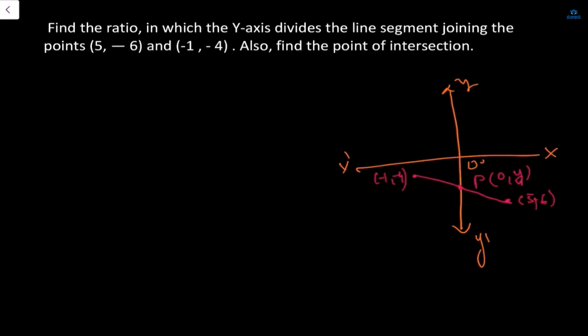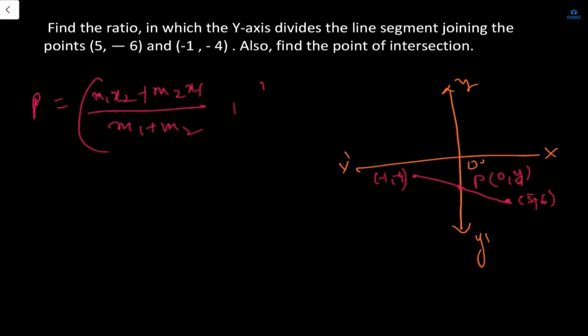So the coordinates of P, that is 0, y, will be equal to what? Through the section formula, we will apply the formula, let me first write: P will be equal to (m1 x2 plus m2 x1) upon (m1 plus m2), comma (m1 y2 plus m2 y1) upon (m1 plus m2).